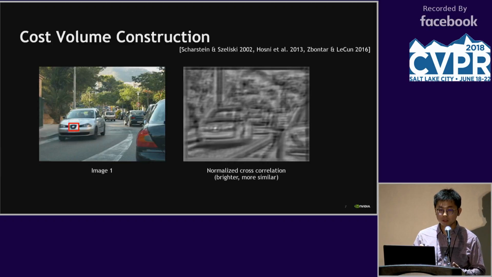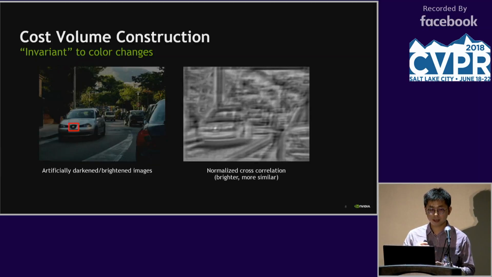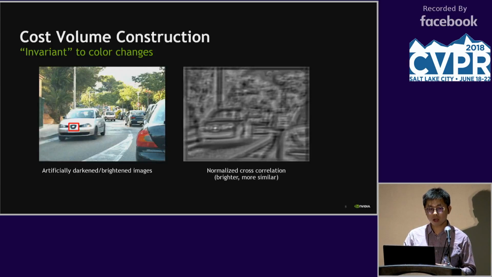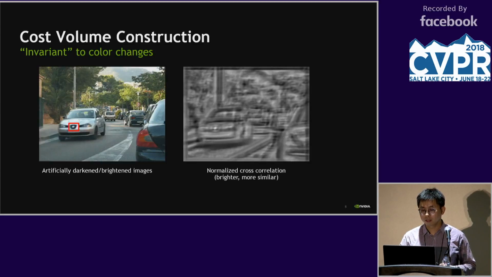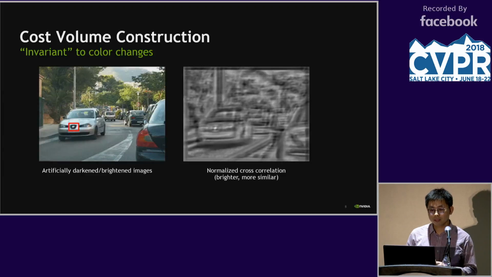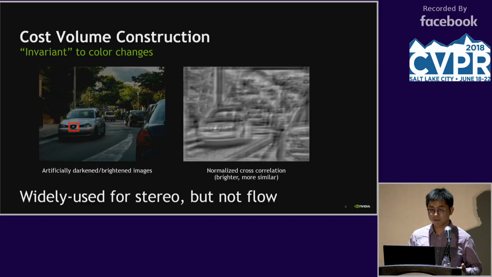A nice property of using correlation is that it has some invariance to changes in color. For example, if we make the image darker or brighter, as we can see, the peak of the correlation remains constant.